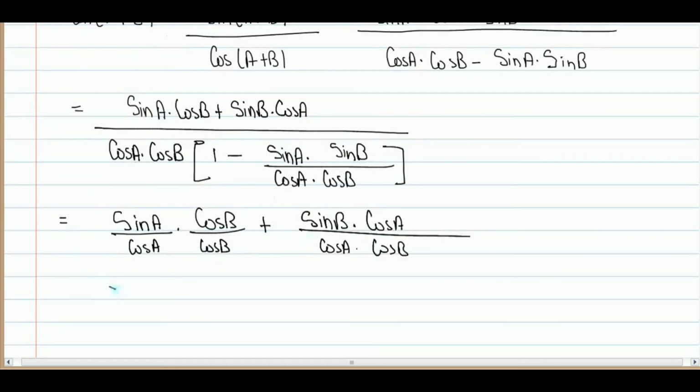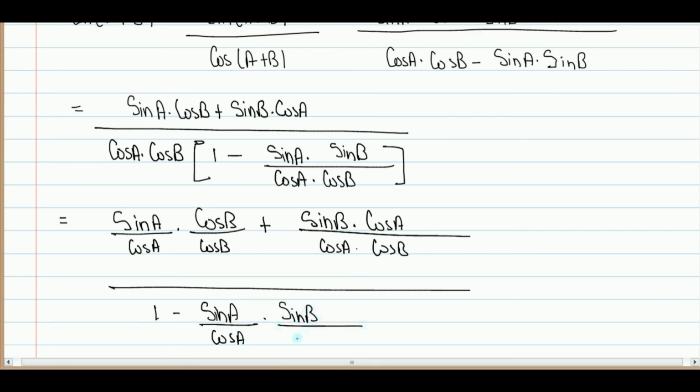What about the denominator part? The denominator part is like this: sin A divided by cos A into sin B divided by cos B.